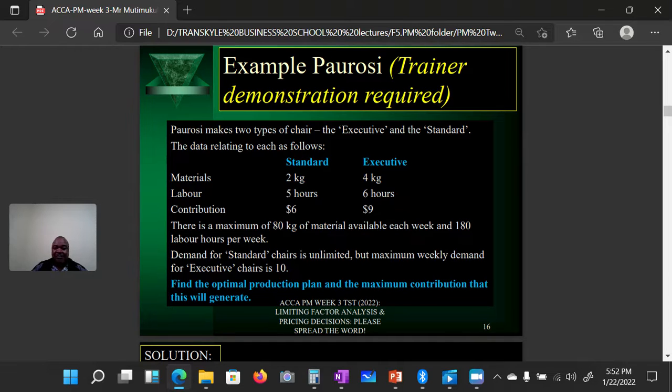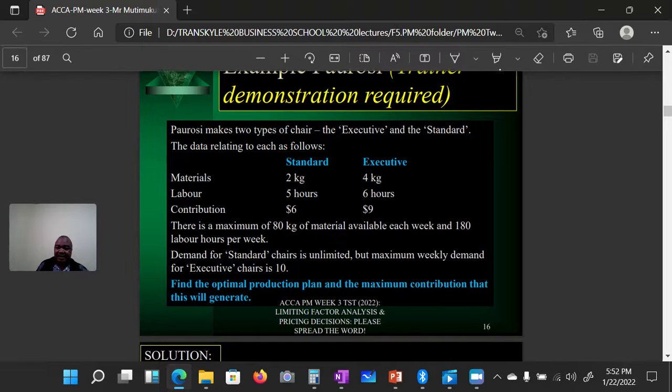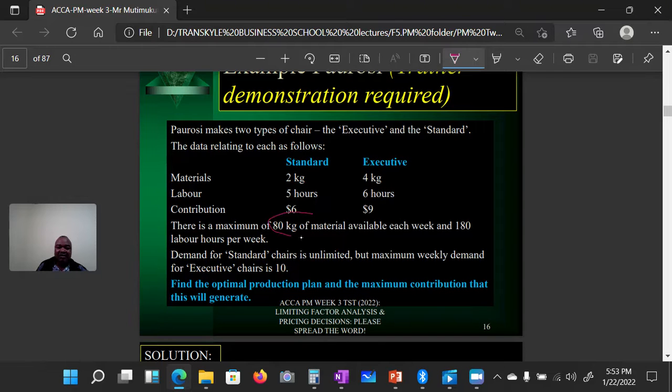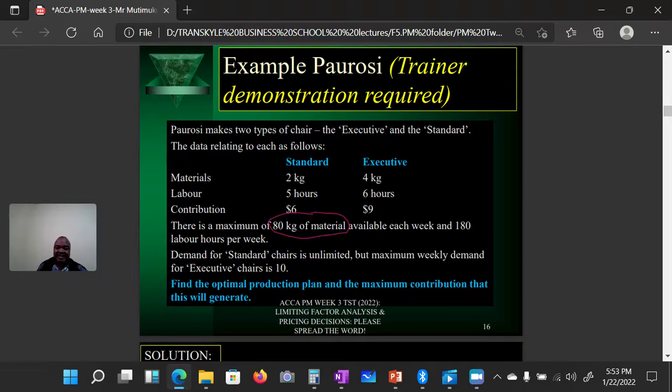There is a maximum of 80 kgs of materials available each week, and 180 labor hours. Demand for standard chairs is unlimited, but maximum weekly demand for executive chairs is 10.